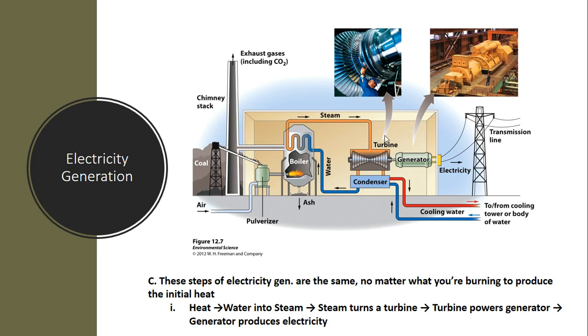That turbine begins to spin, and that mechanical or kinetic energy powers a generator, and then that generator will produce the electricity used in your home to turn the lights on or to heat the water in your shower, for example.